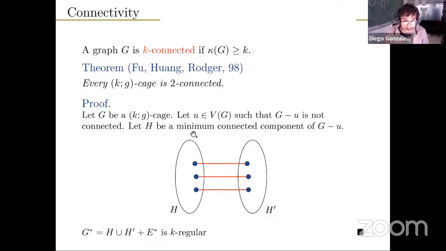So in this case, we consider a copy of H, and we have a matching between every vertex and its copy in H prime. This graph is k-regular because this vertex loses one edge, but we add one edge. So this graph is k-regular, and with similar ideas, we can prove that this graph also has girth at least g. So again, with the monotonicity theorem, we obtain a contradiction, and we can show that the graph cannot have a vertex cut.